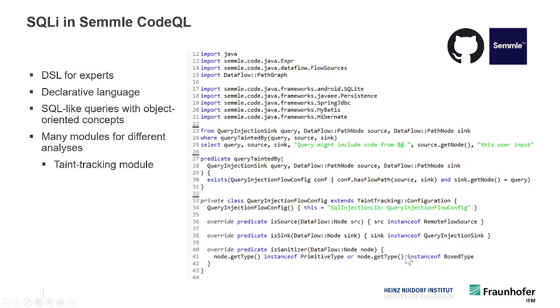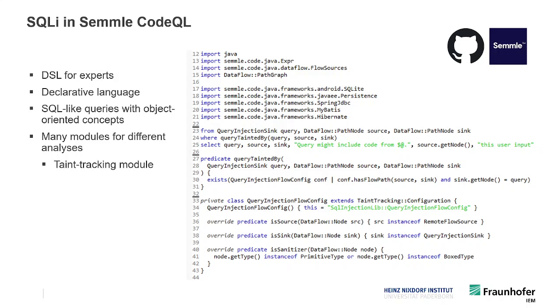You could even have a matching signature of specific methods here, but in this example there are specific classes called remote flow source that model sources, and query injection sink that models sinks.